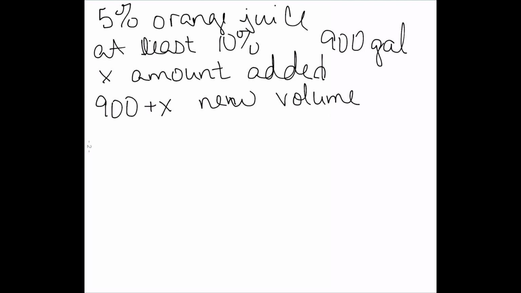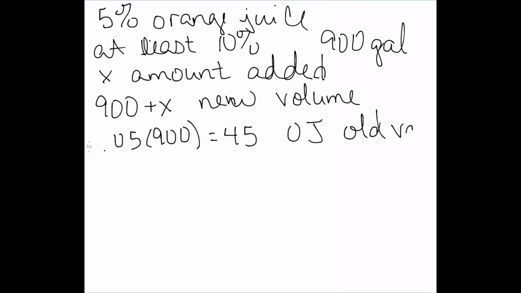In addition, if I take that 5% times the 900 gallons that we have, that gives me 45, which is how much actual orange juice is in the original 900 gallons. The second one is pure orange juice, so we don't have to consider that. The concentration is just 100%.